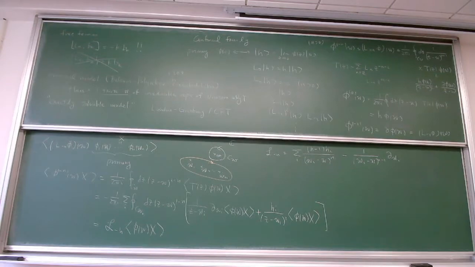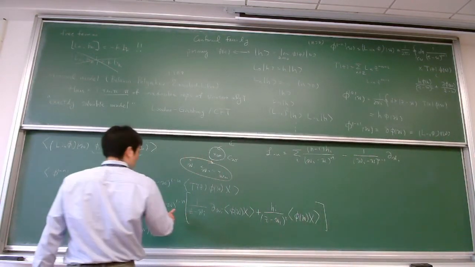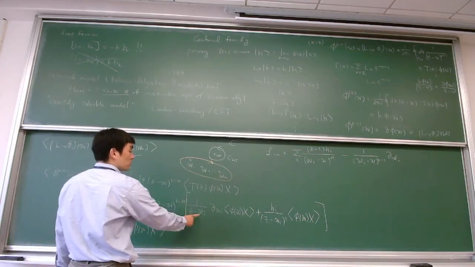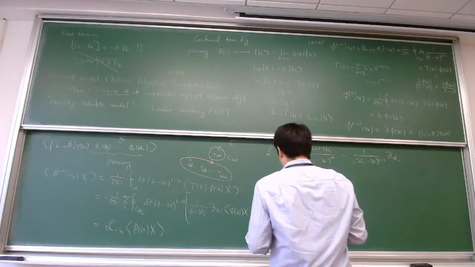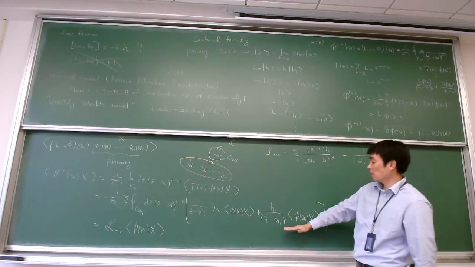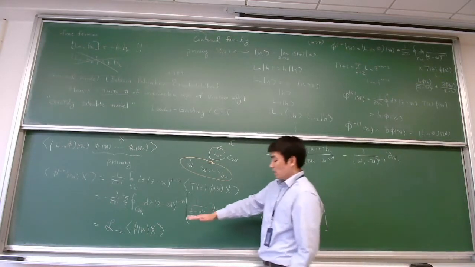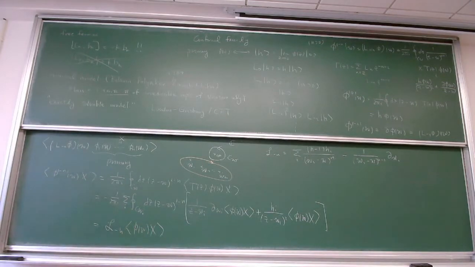Let's see. We just plug in z equal to w, then we will get this one, and then we have this guy. Sorry, where does n minus 1 come from?